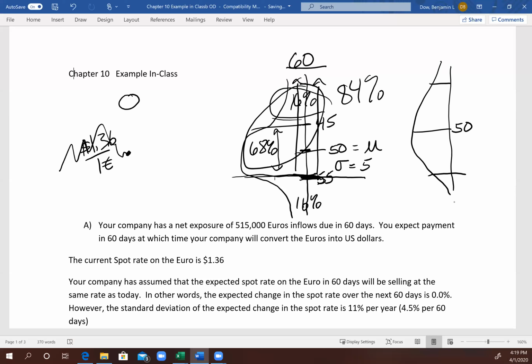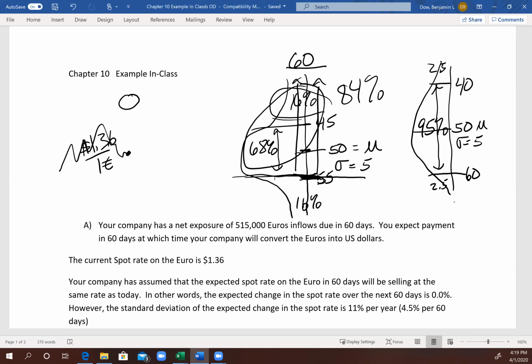So if this is the mean and the standard deviation is 5, then somewhere between 40 and 60 would encompass 95% of the outcomes. And that would leave you 2.5% on each side. So to get 60 or fewer would be like a 97.5% probability.